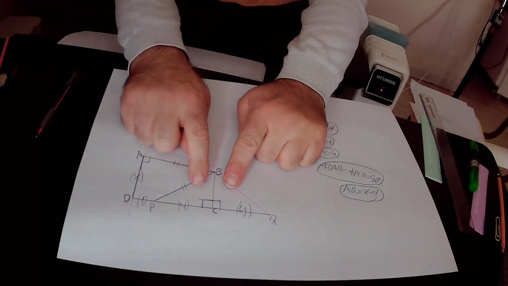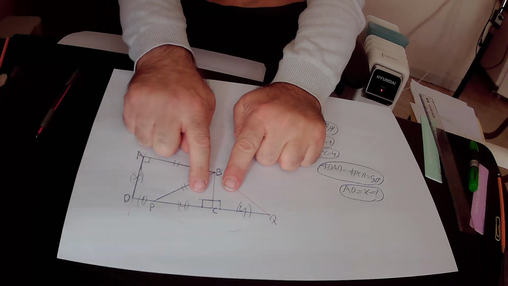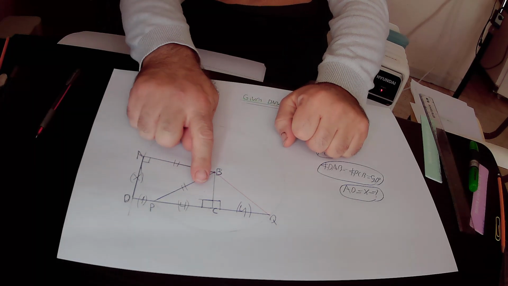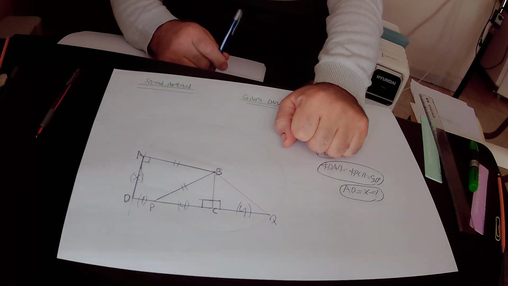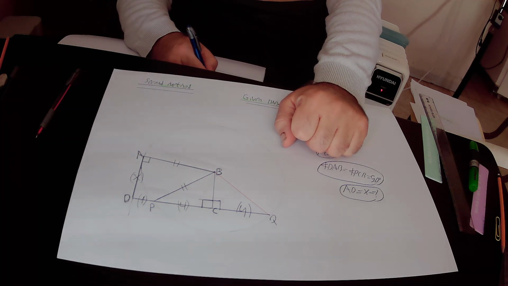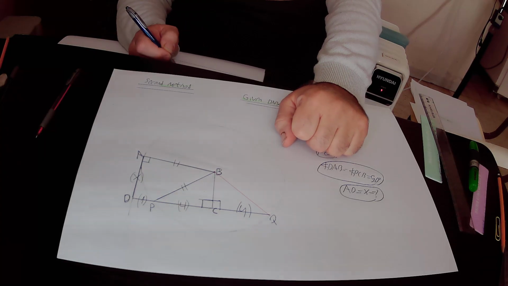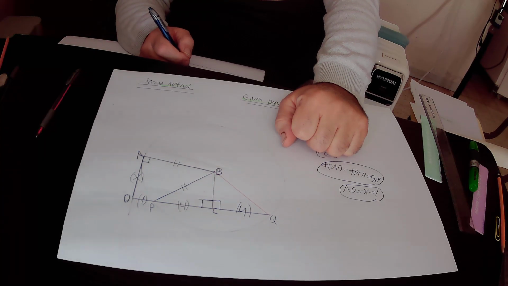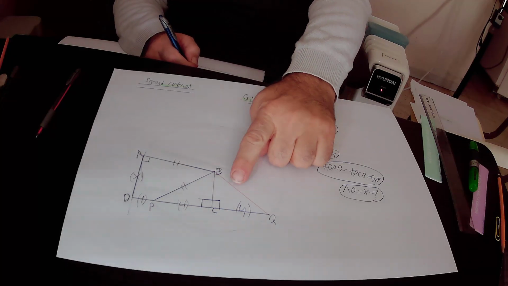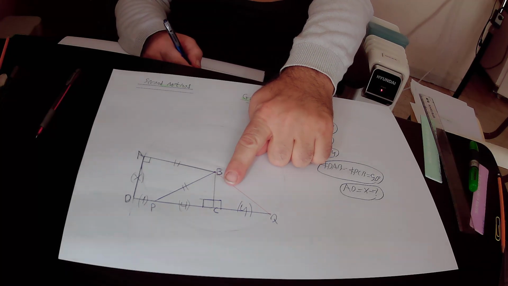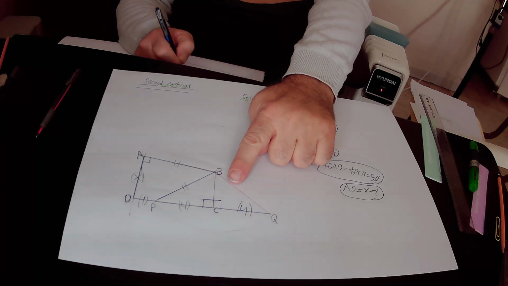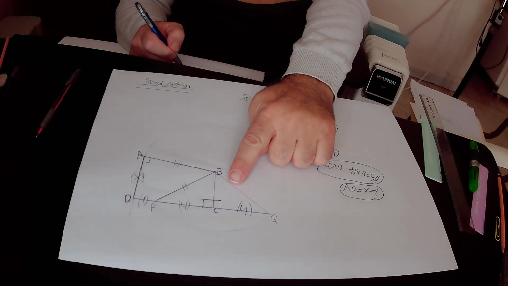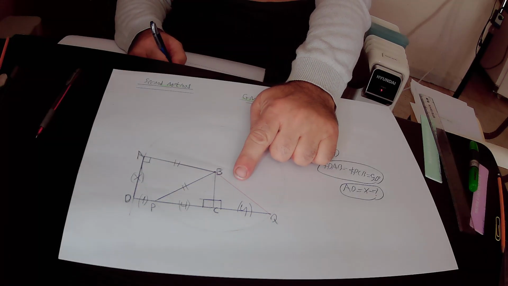In addition, those two angles are both right angles, and therefore they are equal to each other. So here, this is angle BCP on the right triangle PBC, and it is equal to this angle BCQ on the right triangle BCQ.